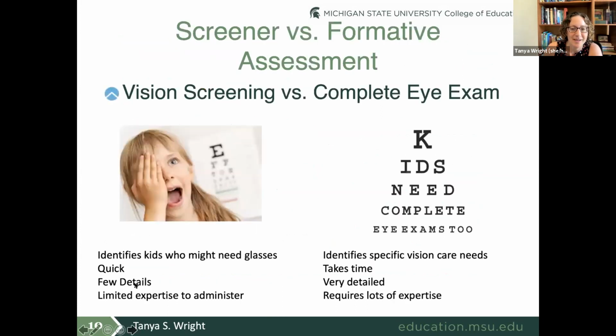And this is one of my favorite examples of how this works. So many of you will have a computer adaptive assessment that people refer to as a screener or progress monitoring assessment that teachers get the data 3 times a year. Sometimes it's sent home to parents.